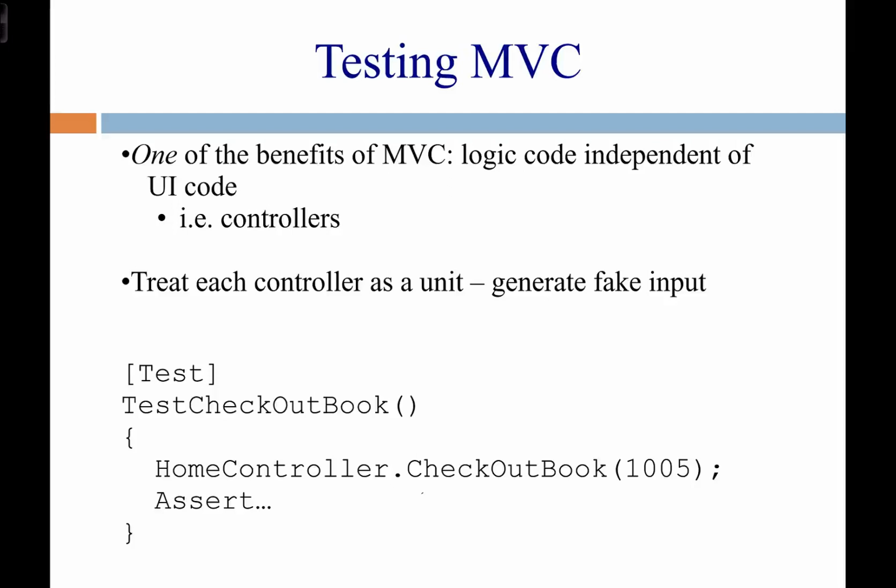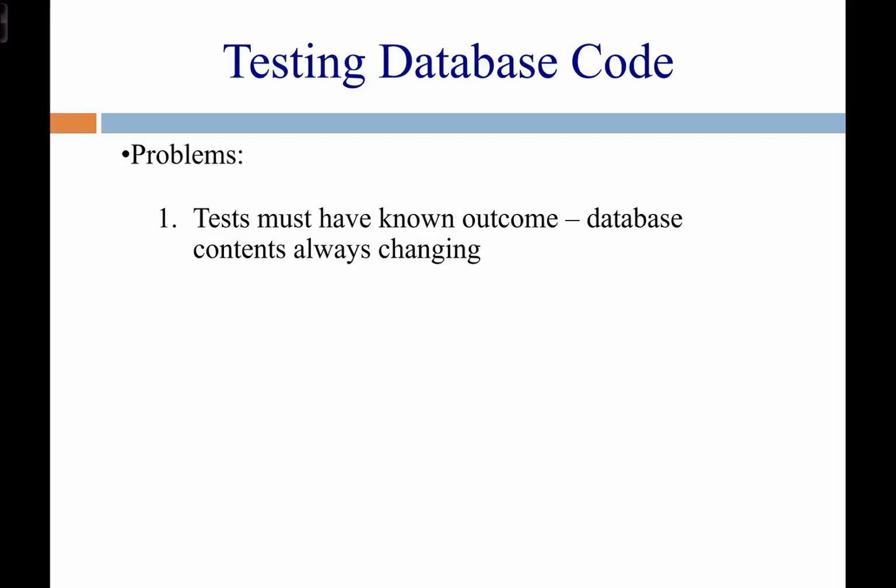But this is where the challenges start to arise when testing software that interacts with the database. The first problem is tests have to have a known outcome. So we need to know what to assert against. We need to know that after running some code that the result is X or some fixed known answer.